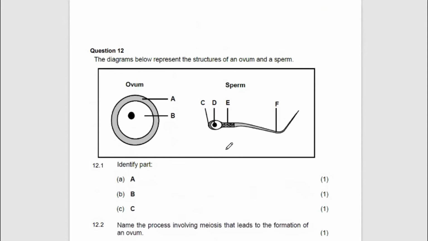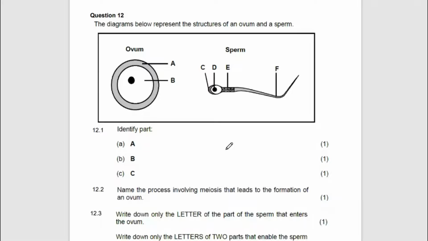All right. Question 12. Another question is about still reproduction. The first one was about female. The next one is about male. Now this one is both male and female. All right. They're saying the diagram below represents structures of an ovum and the sperm.